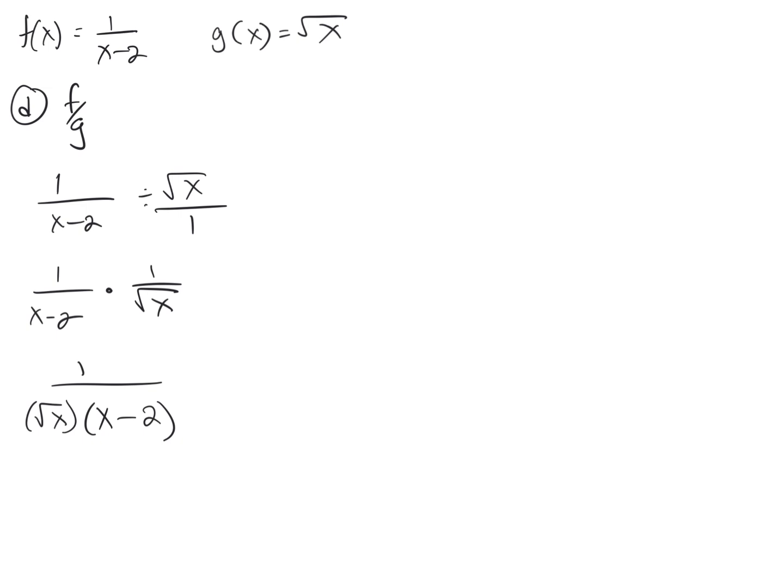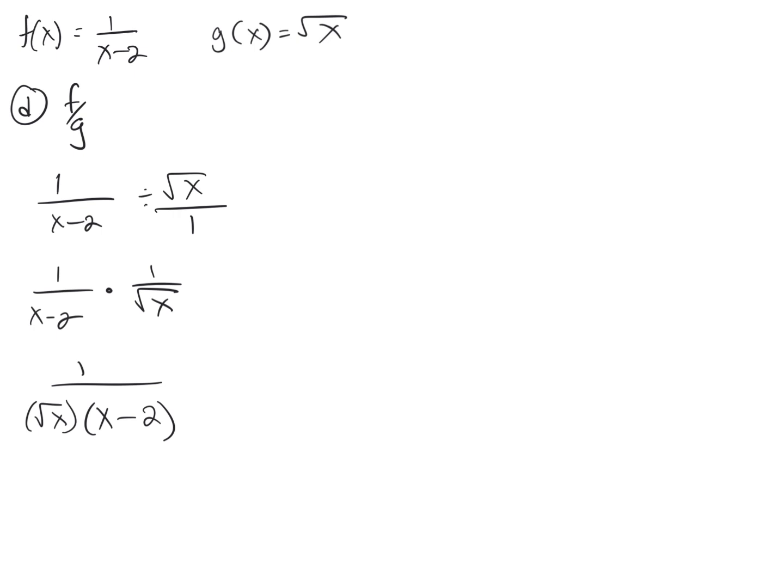In this example, I'm going to leave it as in the completed notes, in the sense that you can leave it like this. If you like to rationalize it, you're going to end up multiplying root x times root x, and you end up with root x over x minus 2, which is the same thing we got before. But for the time being, I'm just going to leave it the same way as the completed notes, so they're consistent.